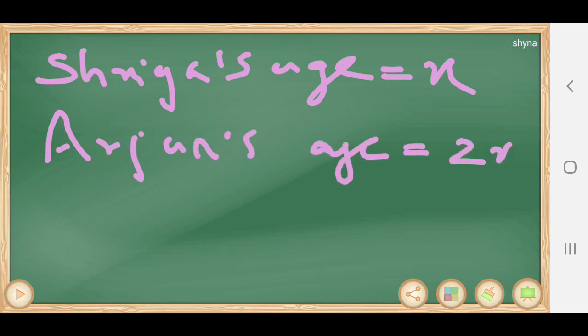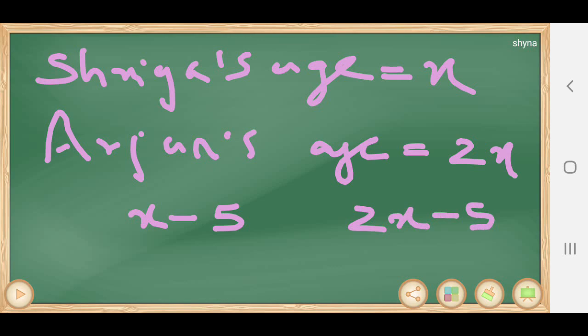Twice, that means 2x. Then 5 years ago, Riya's age was x minus 5 and Arjun's age was 2x minus 5.